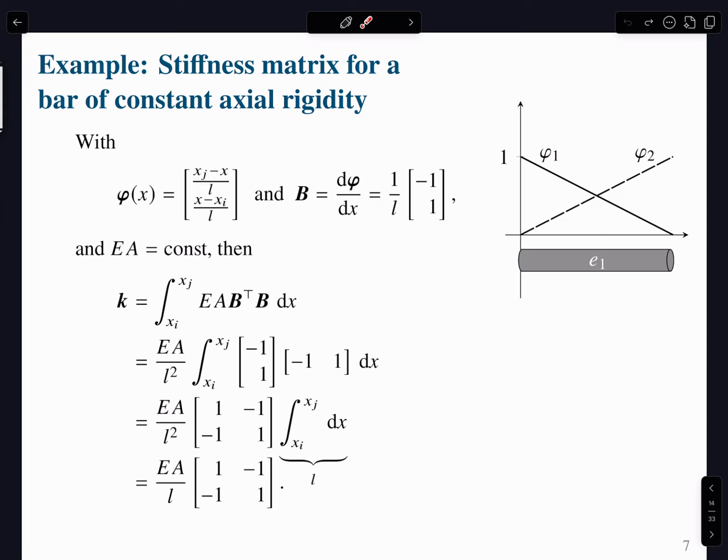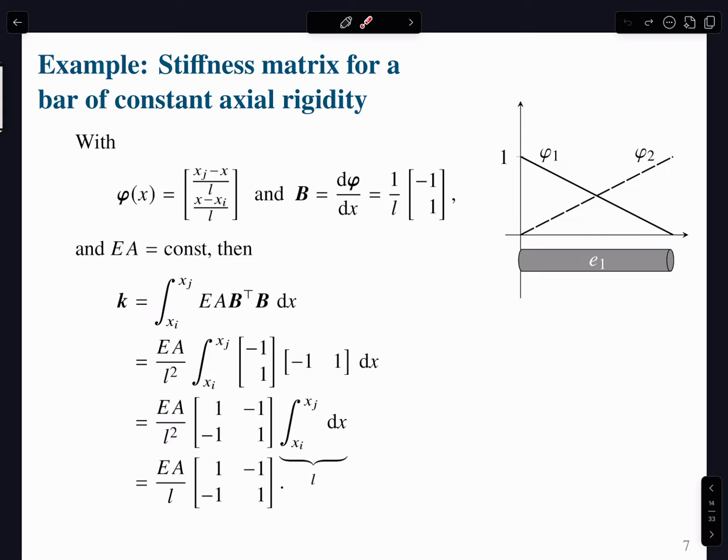But here's basically a very simple example of how you can obtain that. Well, the shape functions are linear. The derivatives of these shape functions are constant. And so when I introduce all that into my local stiffness matrix, of course, everything that is constant I can remove out of the integral, and I get only this term, and this is just the length of the bar. And so you get that expression for the stiffness matrix.